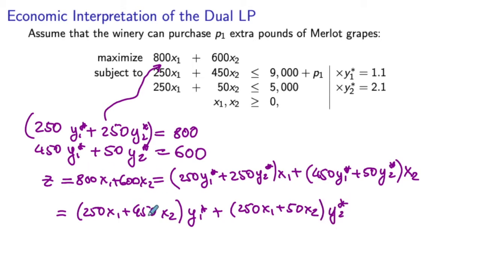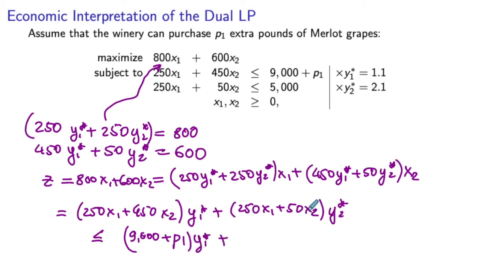So far, all we wrote here holds for every feasible x, and the constraints also must hold for every feasible x. Therefore we'll have less than or equal to 9,000 plus p1 times y1 star.